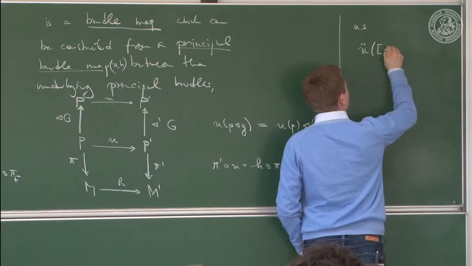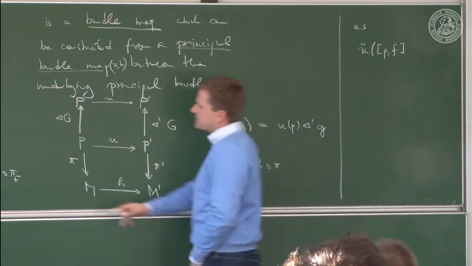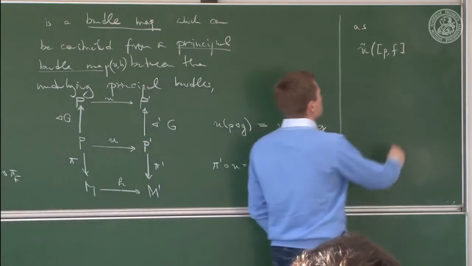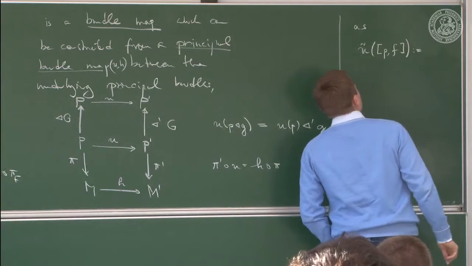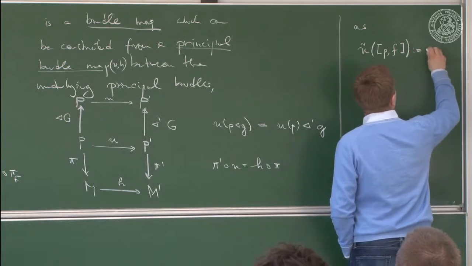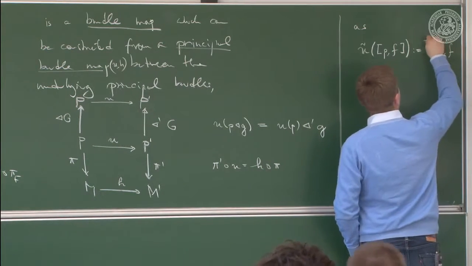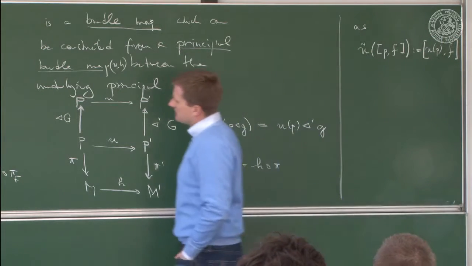It takes an element in P and an element in F, but we take the equivalence relation so that the result lies in P_F. And we need to be able to construct this U twiddle, if it is to be an associated bundle map, as U of P comma F, and then the equivalence bracket.